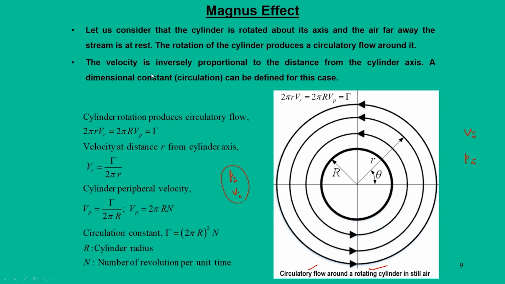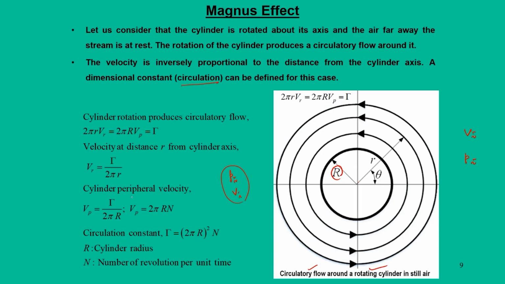Now, at what velocity does the air rotate? It can be shown that the velocity is inversely proportional to the distance from the cylinder axis, and we can put in a dimensional constant, which is termed the circulation. If the radius of the cylinder is R and any location is at a distance small r from the axis, we can find the velocity in two parts.